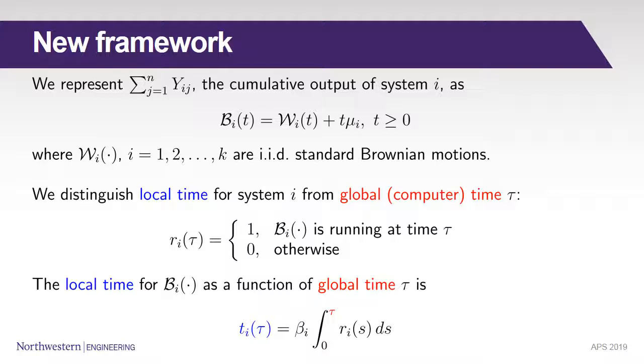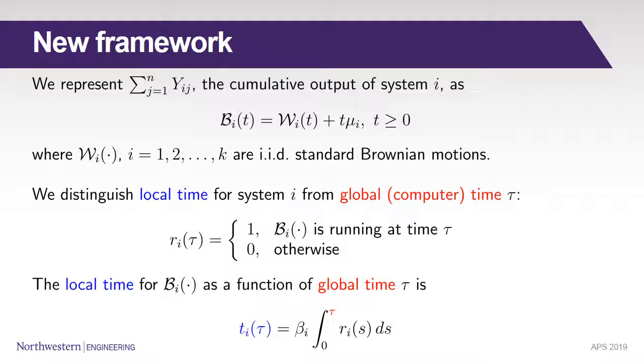And that will be a standard zero-drift Brownian motion process, W sub I of t, plus t times mu sub I, where mu sub I is the mean of system I. Because we're going to be simulating things in parallel, where the number of systems K will typically be much larger than the number of worker processors P, we're going to distinguish between local time for system I, which is the cumulative amount of data collected on system I, and the global or computer or clock on the wall time tau.